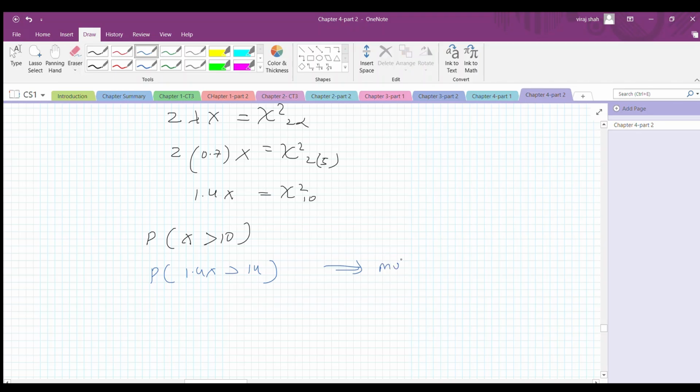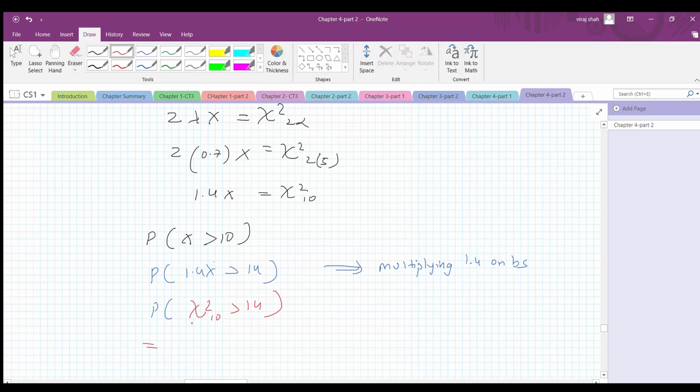Now I can write this as chi square 10 greater than 14.